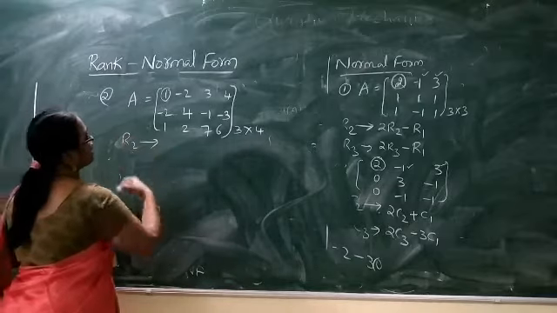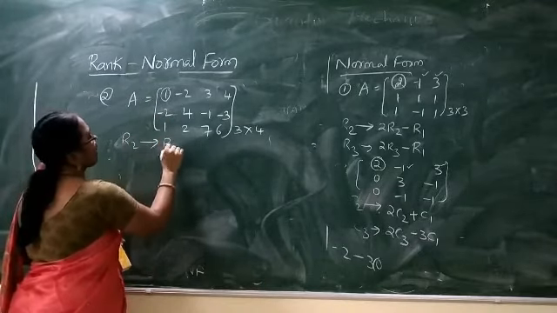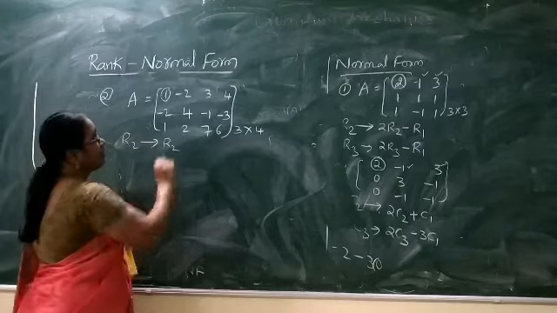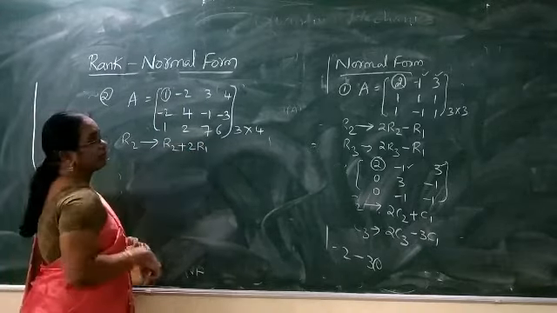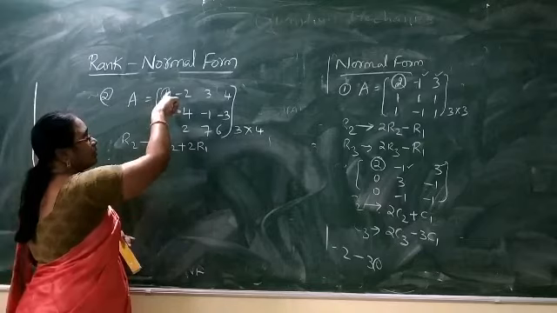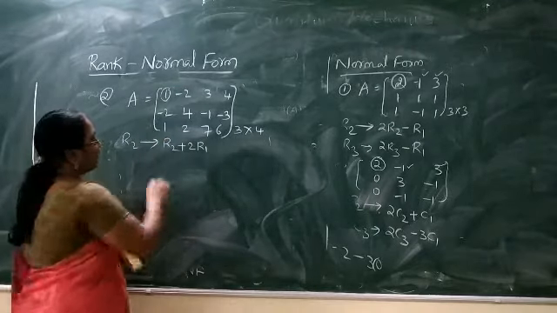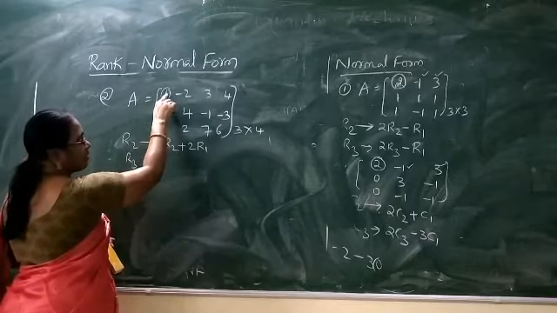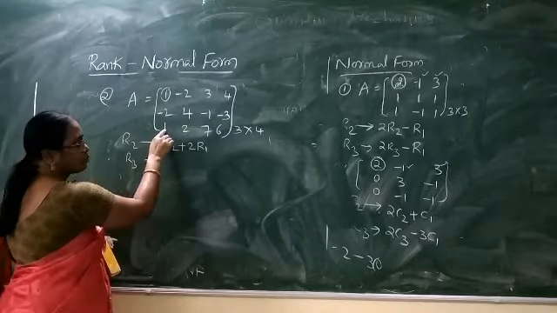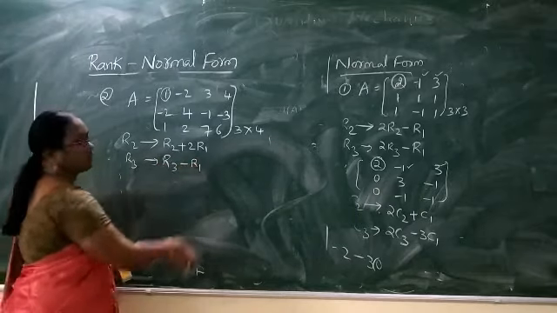So R2 becomes R2 plus 2 into R1, so this minus 2 along with the 2 from here will give us 0. Next, R3: already 1 here, and this 1 has to be used to make this 1 zero. So it is simply R3 minus R1.